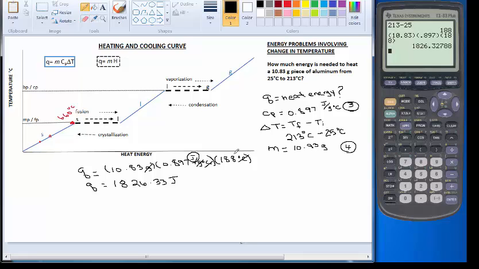And our final number, 188, has 3 significant figures. That's the number that we plugged into our equation. So our final answer should have 3 significant figures. So that means that our final answer should be 1,830 joules. So this is our answer.